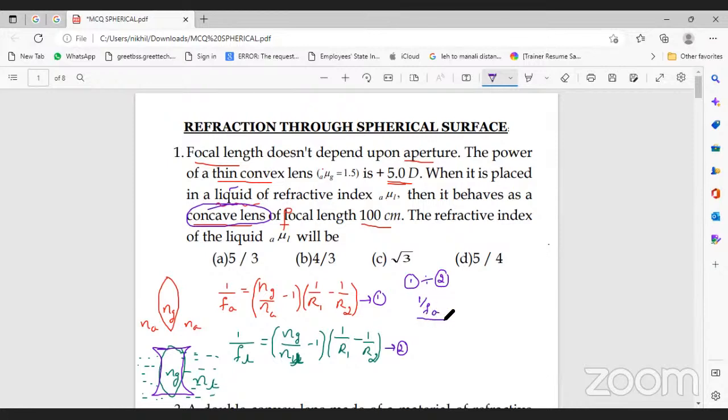1 by FA, divided by 1 by FL, will be equal to (Ng by Na minus 1) divided by (Ng by NL minus 1). I'm not going to write 1 by R1 minus 1 by R2 because in equations 1 and 2 it will be the same. If I divide those two equations, it is going to get cancelled out, isn't it?